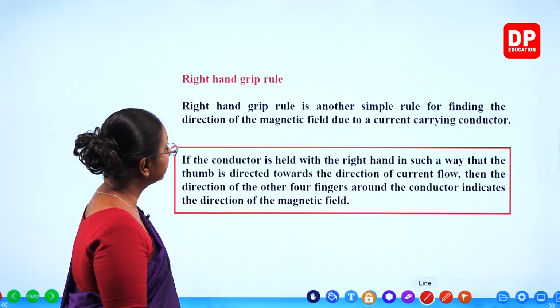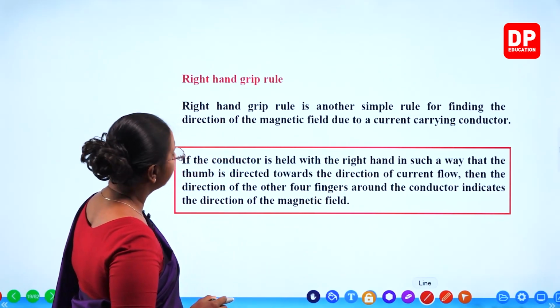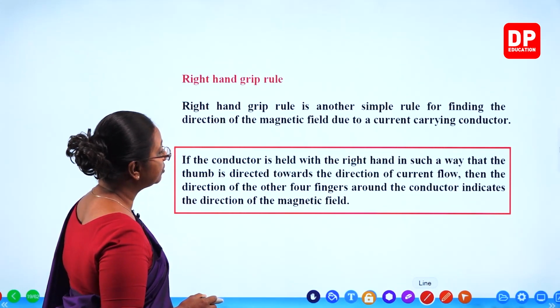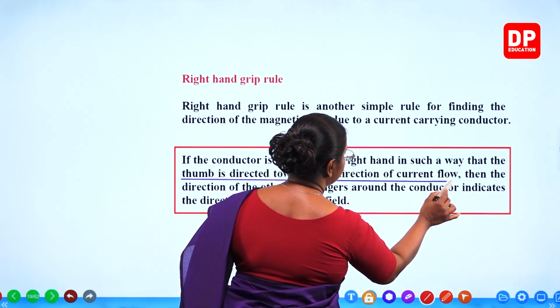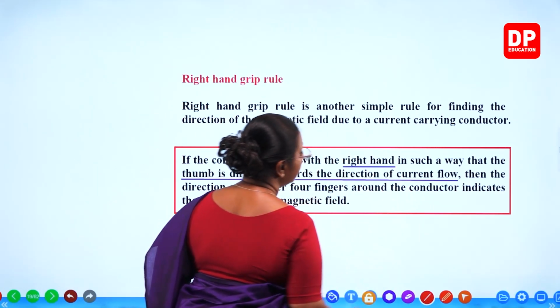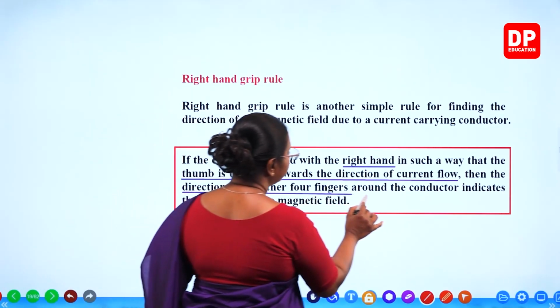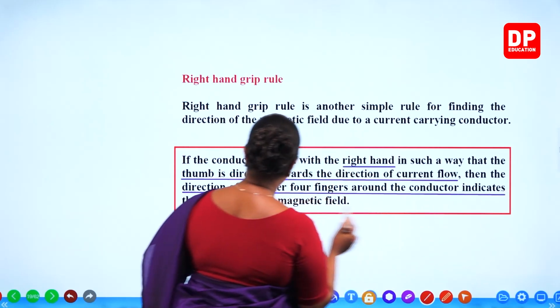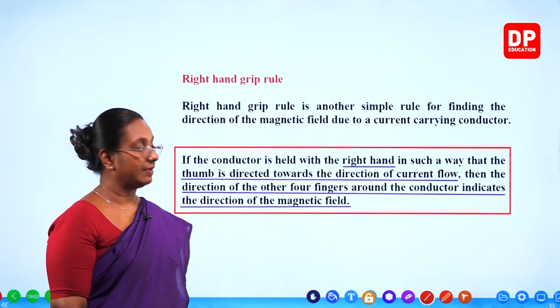If the conductor is held with the right hand in such a way that the thumb is directed towards the direction of the current flow, you have to use the right hand, then the direction of the other four fingers around the conductor indicates the direction of the magnetic field.